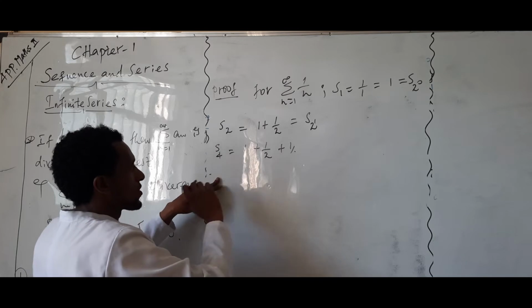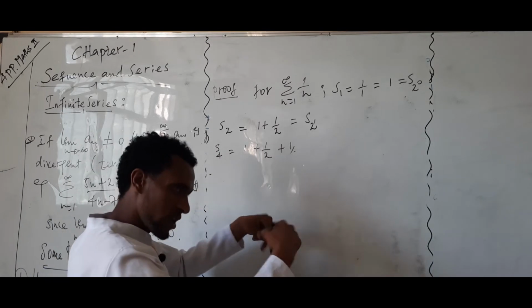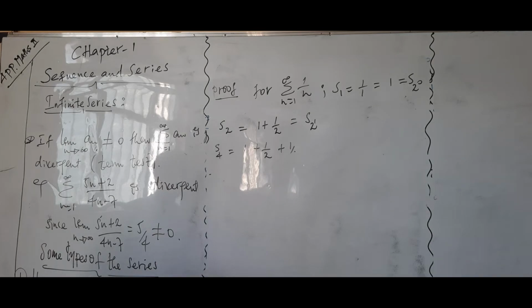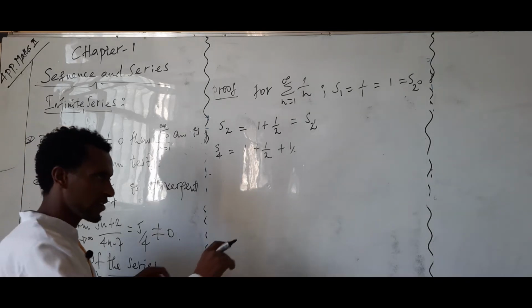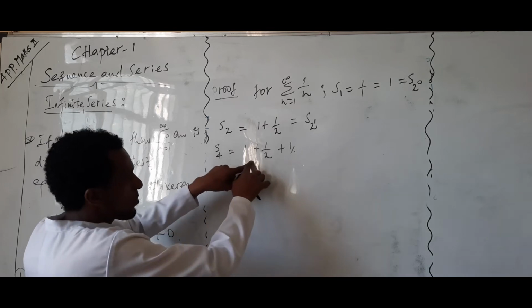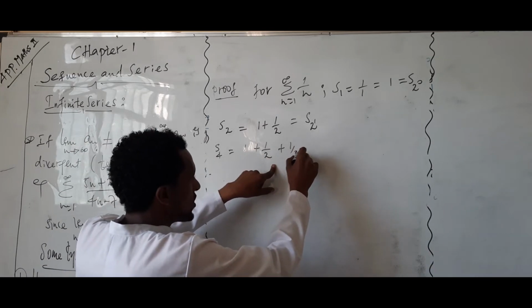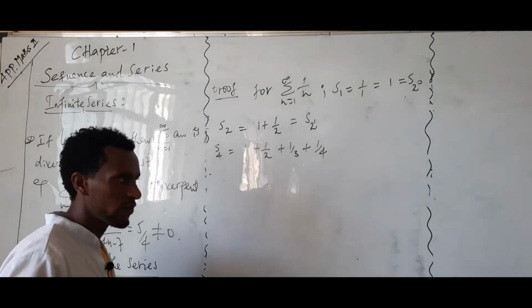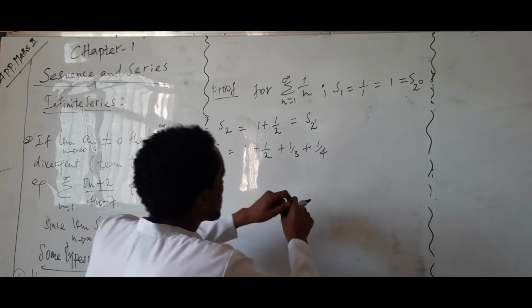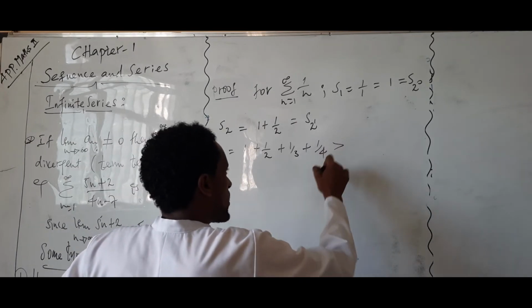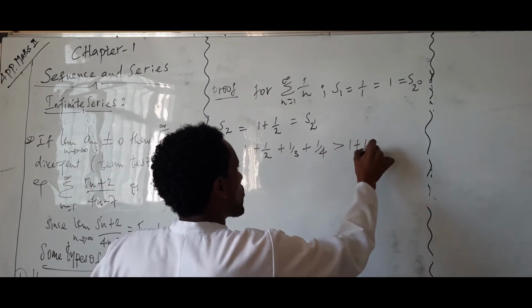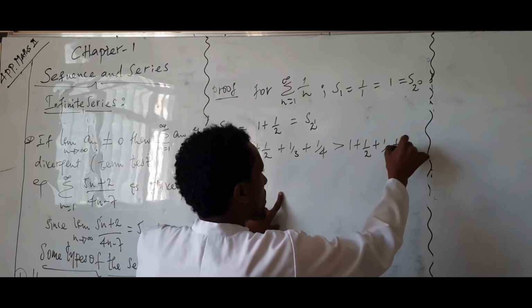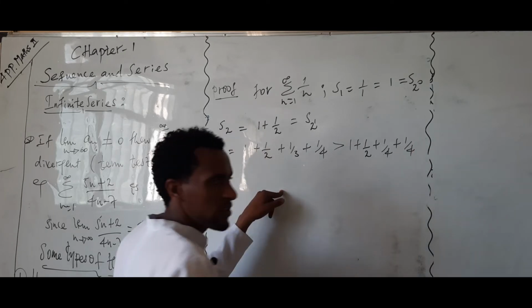S4 is equal to, let us see some of the sequences. We are observing some of the partial sums. S4 is equal to 1 plus 1 over 2 plus 1 over 3 plus 1 over 4. This is greater than 1 plus 1 over 2 plus 1 over 4 plus 1 over 4, isn't it?